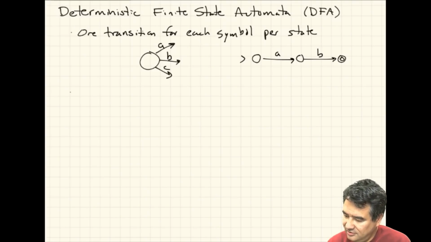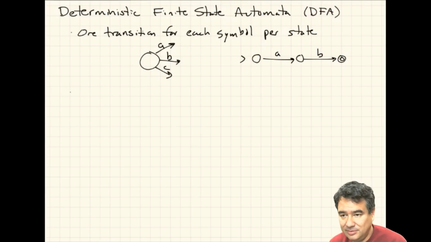Well, you start here at the first one and you get a B, and you can immediately see there's no transition for a B. And so you might just say, well, that's an error, so the string is not accepted. But some people would say there needs to be a transition for B in there. And likewise, for that second state, there needs to be a transition for A there, because we need to account for that one. On that final one, there also needs to be an A and a B.